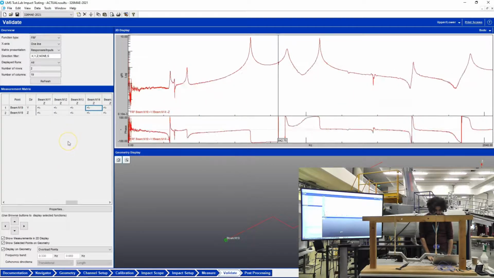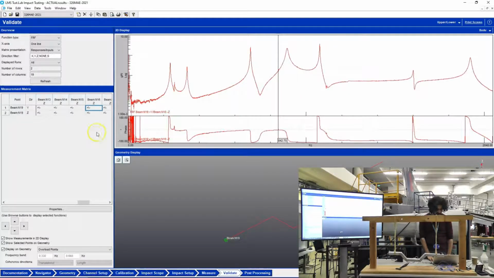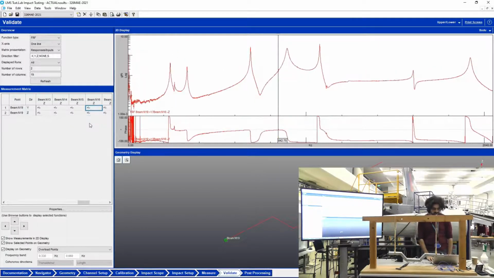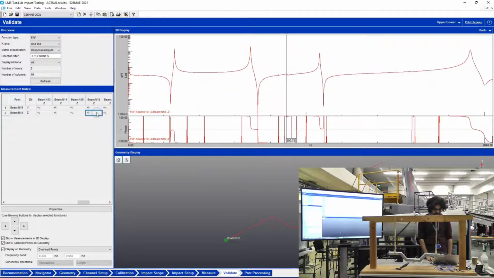Okay, scrolling through, the frequency response functions all look very nice. So this is the y-axis, and these are the lateral peaks that you see. In the frequency response function you see all the peaks. The highest ones in this case are the y ones, because you're looking at the y direction, and these ones are the z ones. As you can see, this peak here shows in both z and y.